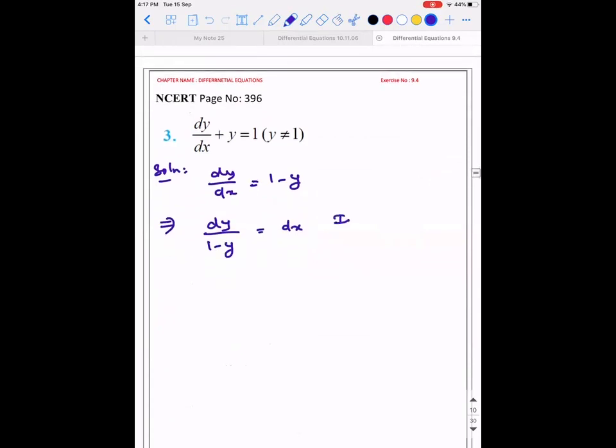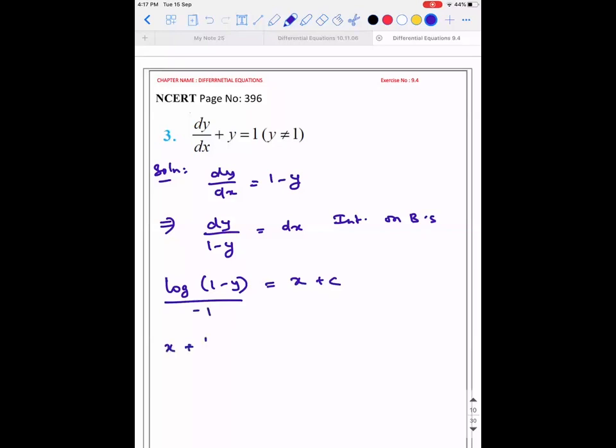Integrating on both sides, log 1 minus y is equal to x plus c. Correct? There is a mistake. Minus log, yes, by minus 1, because the coefficient of y is minus 1.